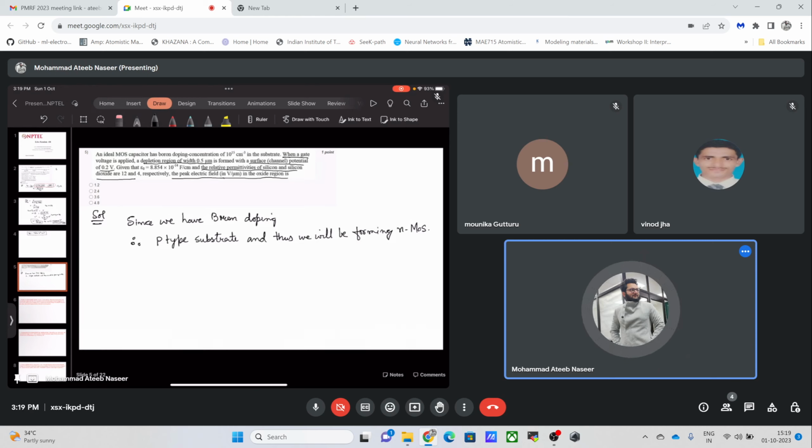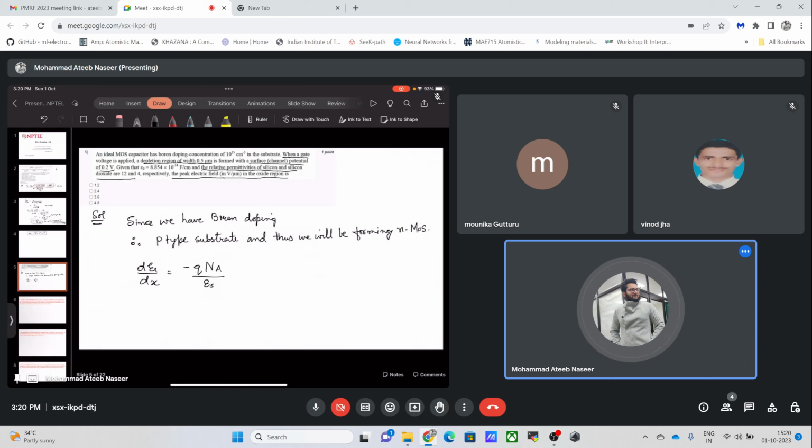So we will simply try to find the relation between this electric field and this surface potential first. Since we know, for this 1D case, the electric field is simply equal to Q times Na by epsilon s.